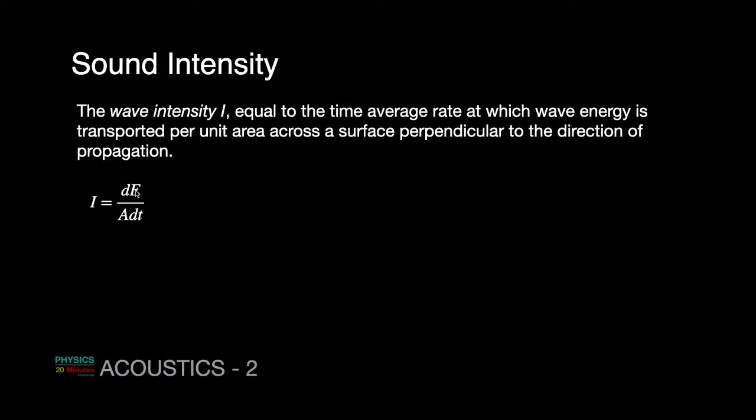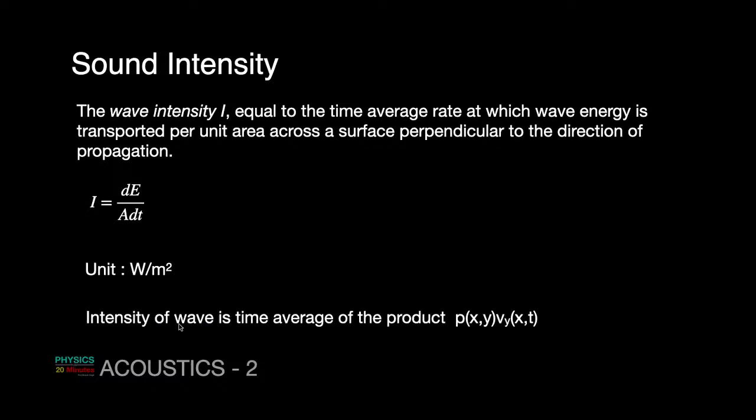The unit you can easily guess. This unit is joule, this unit is second, this is meter square. So joule per second meter square. Joule per second is nothing but power, that is watt. So this is watt per meter square. So the unit of intensity is watt per meter square.